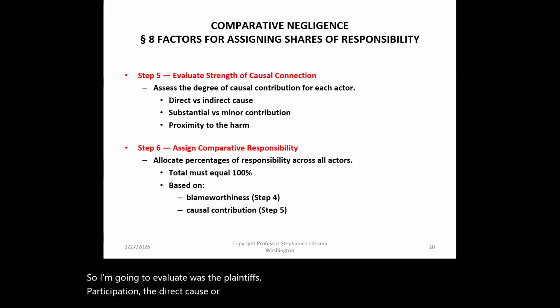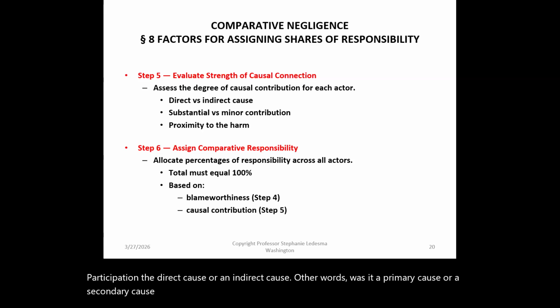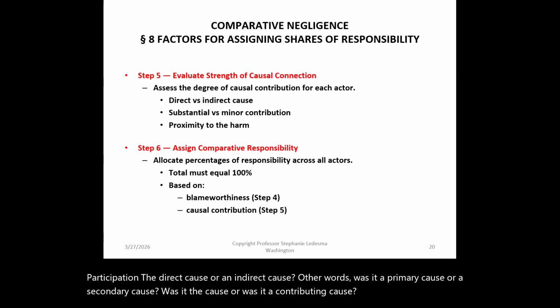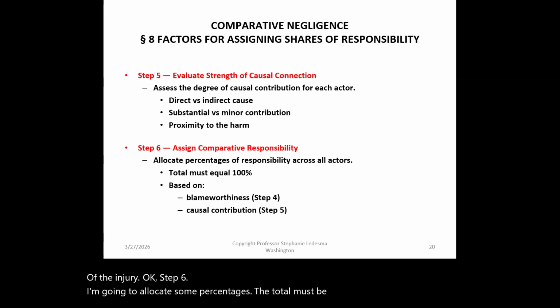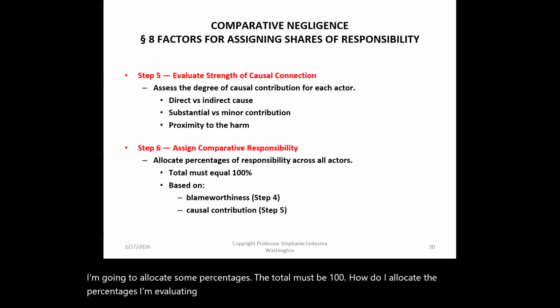In other words, was it a primary cause or a secondary cause? Was it the cause or was it a contributing cause of the injury? Okay, step 6, I'm going to allocate some percentages. The total must be 100. How do I allocate the percentages? I'm evaluating step 4 and step 5.